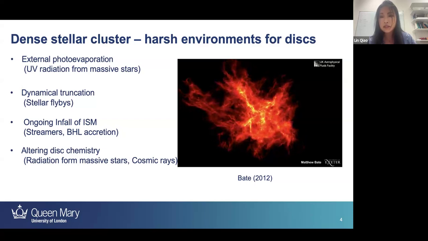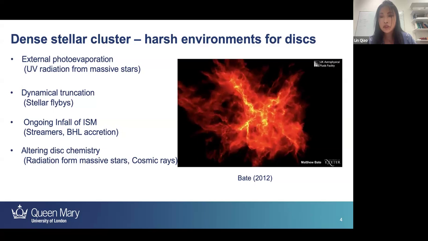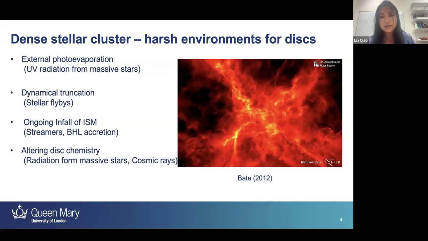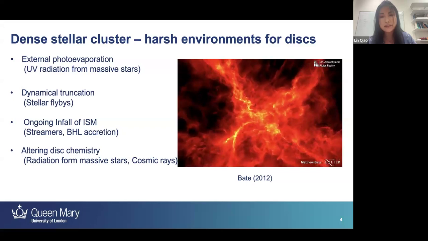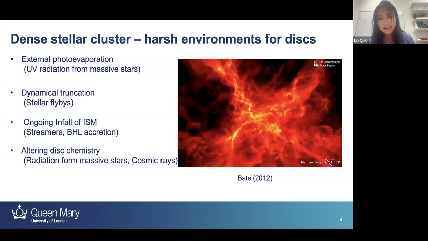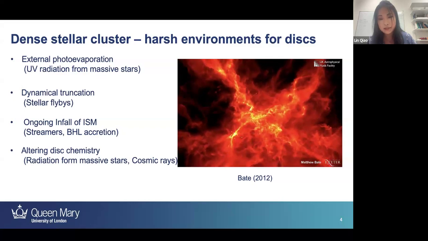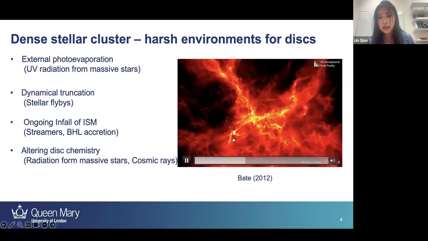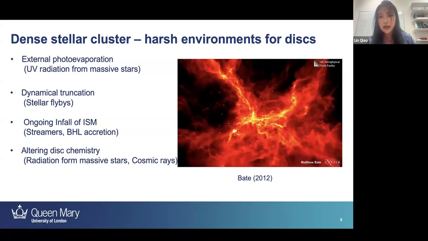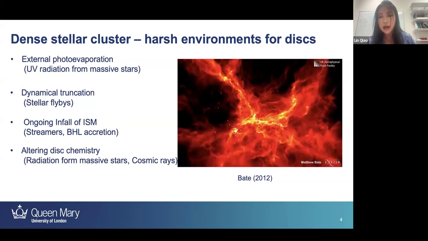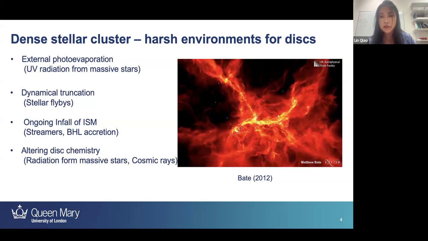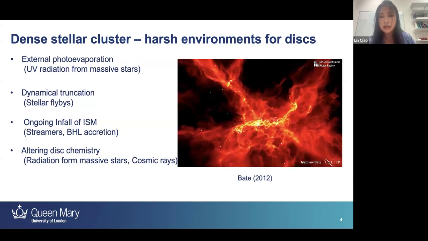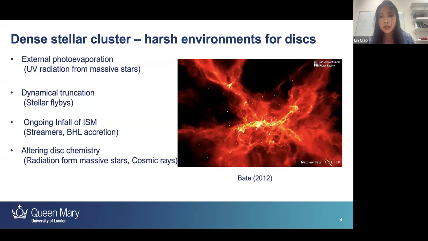And as the cluster evolves, numerous stars form in these clusters. You can see the stars start to form in these filaments, and over time, numerous stars form and get scattered, and the strong stellar feedback from the massive stars in the cluster also disperses the gas and forms feedback bubbles over time.